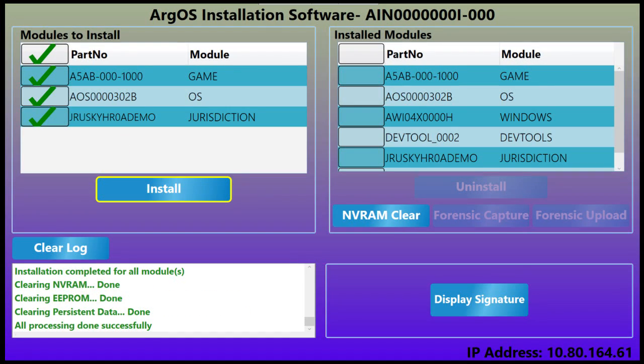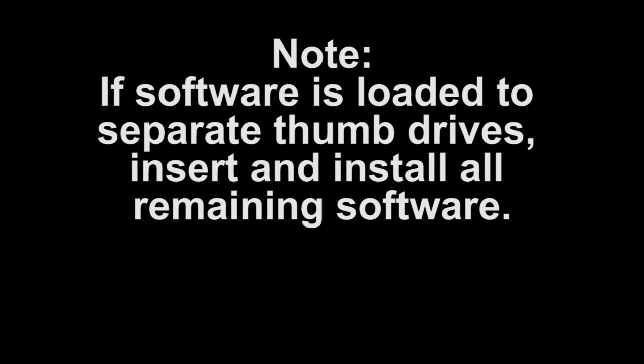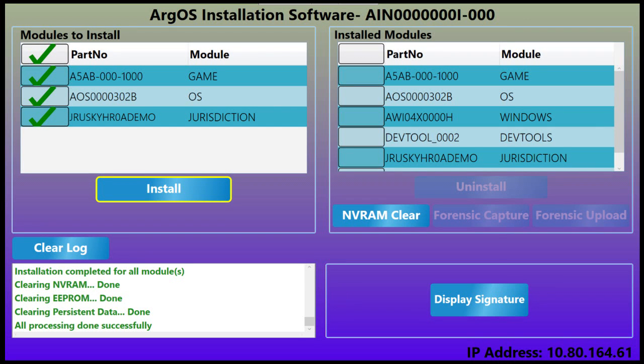Remove the Windows thumb drive. Insert the drive with OS, jurisdiction, and game if bundled. Note, if all other software is on separate thumb drives, insert all remaining software. Once complete, you will see in the Installed Modules window your BIOS, the OS, the game, jurisdiction, and lastly, your Windows.